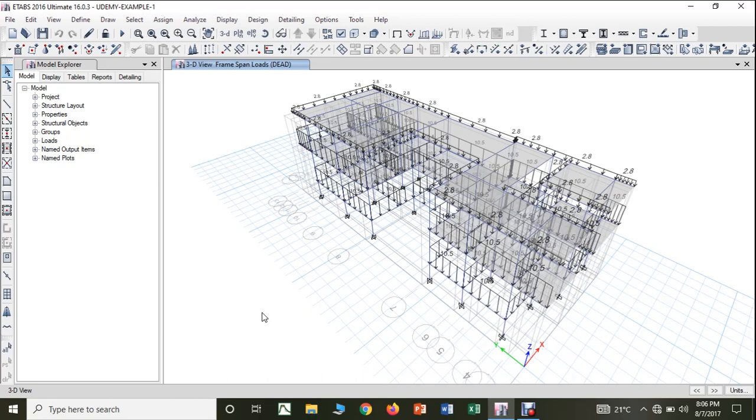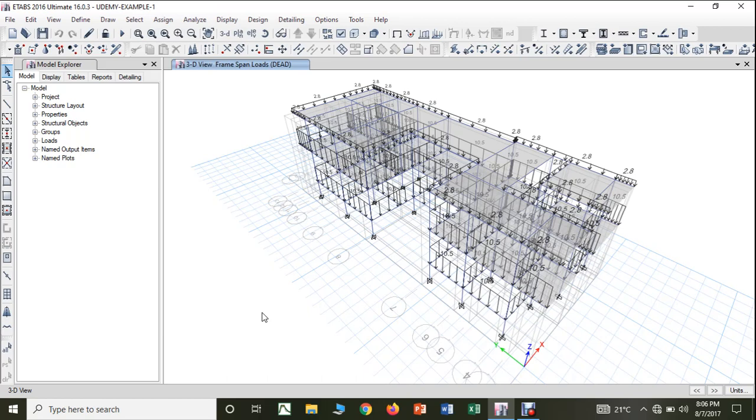Now, typically if I take any one residential building, whether it is a 1-story or 2-story, whatever information 875 part 2 gives you is for each floor. It is not for the entire structure. You have to consider it for each floor.